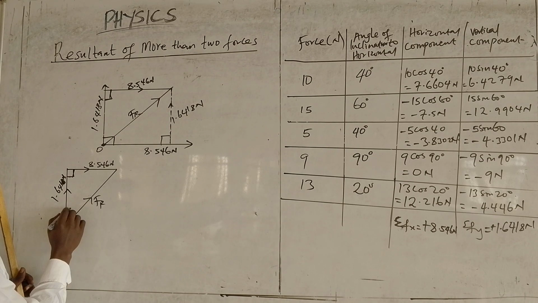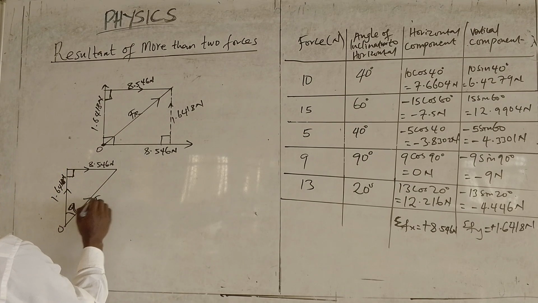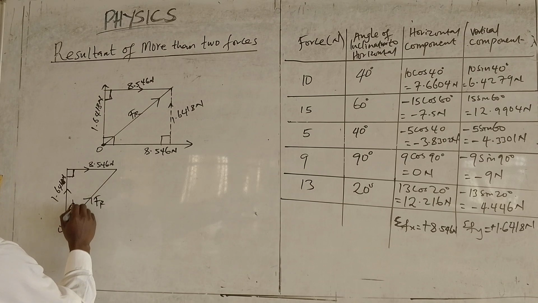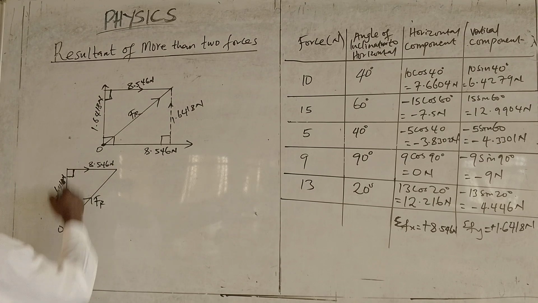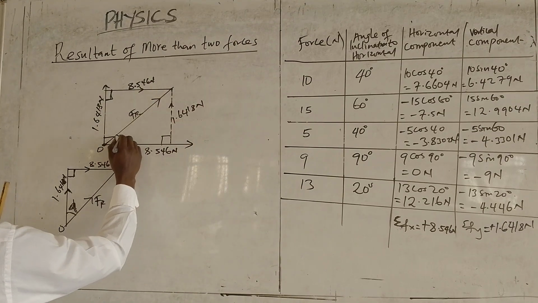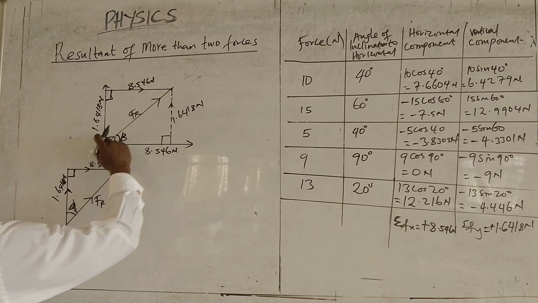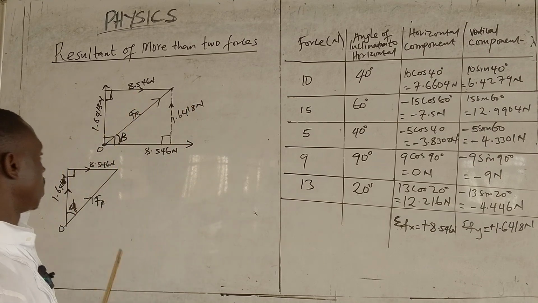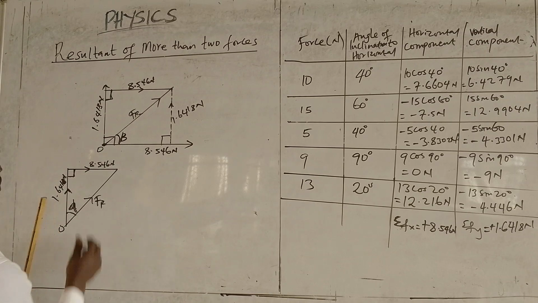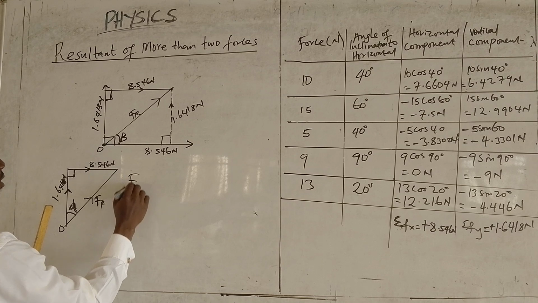This is the magnitude, and you must find both magnitude and direction. Alpha is the direction, the angle between FR and the vertical. But if you are using the other triangle, you use beta as the direction, the angle between the resultant and the horizontal.